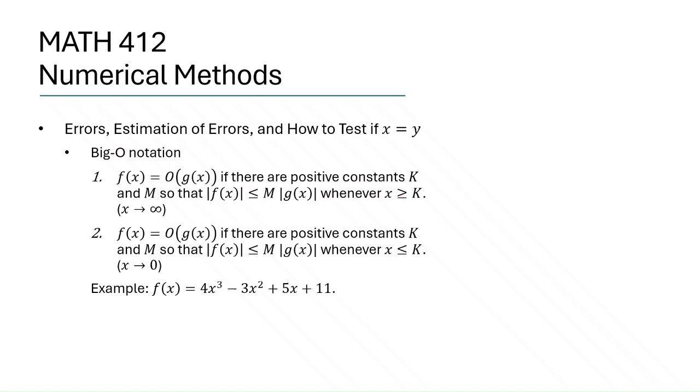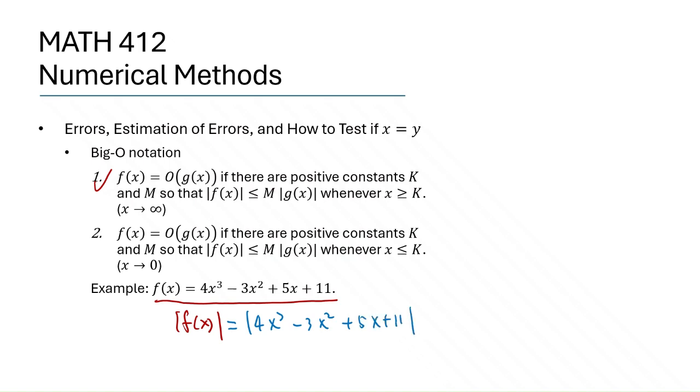Now, say for example, we have such a function, and we're talking about the first case. Let's examine this. You take the absolute value of 4x cubed plus 3x squared plus 5x plus 11.